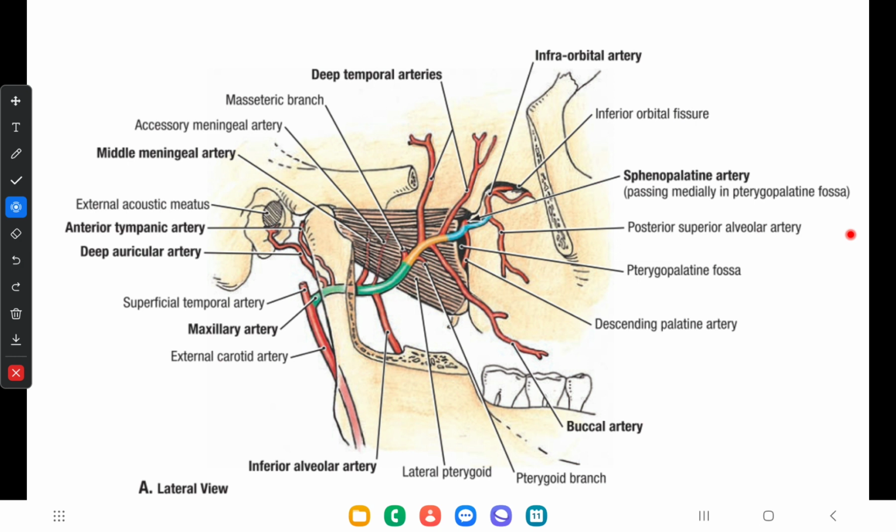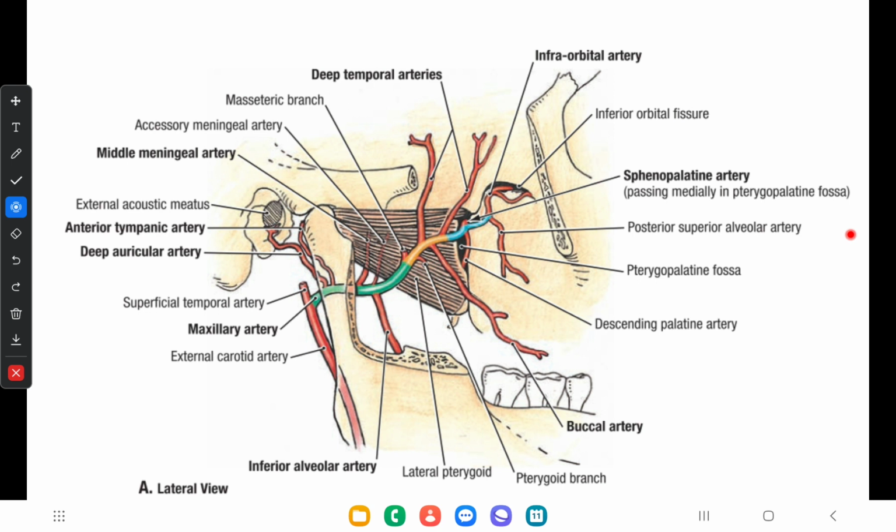The first part runs along the lower margin of the lateral pterygoid muscle. It is also accompanied by the maxillary vein. There are 5 branches in the first part of the maxillary artery.